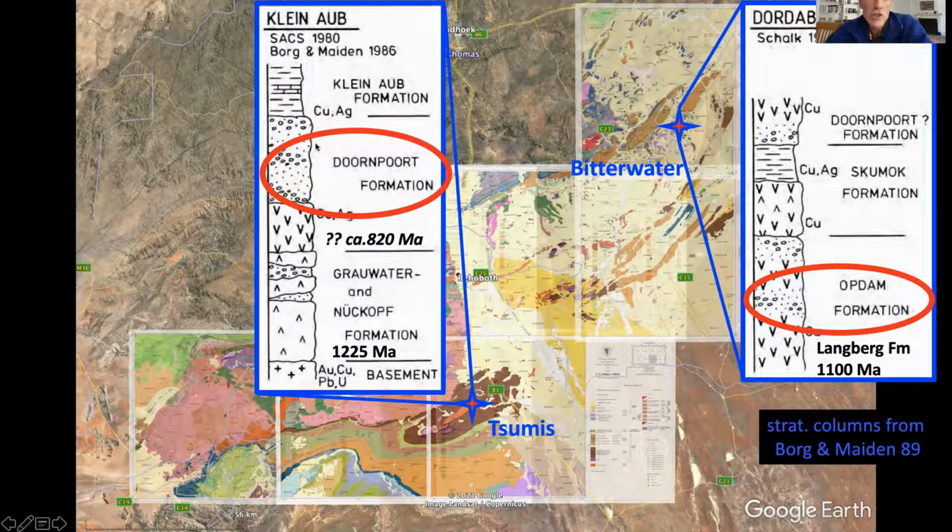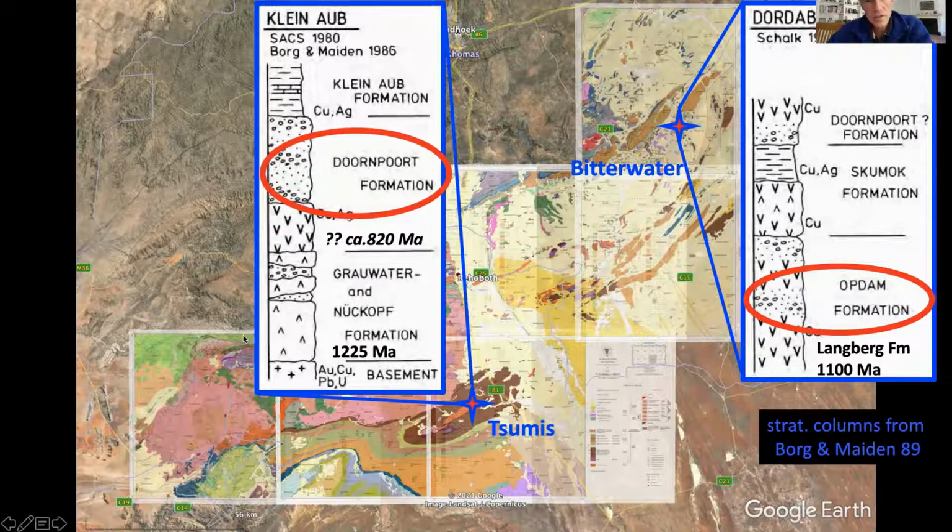The Doornpoort Formation and the rest of the Tsumis Group has been linked with rifting of the northern Kalahari margin at around 800 million years, with this 820 million year age suggested from correlation to mafic dikes with a rubidium-strontium age from the early 1990s at about 820 million years.